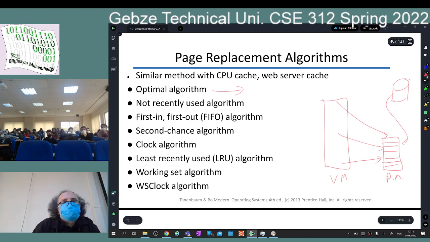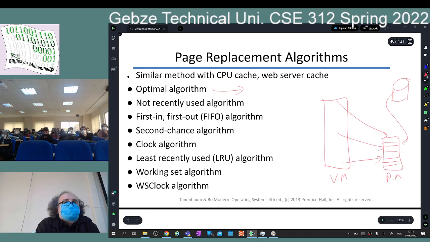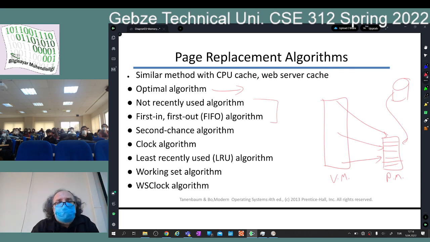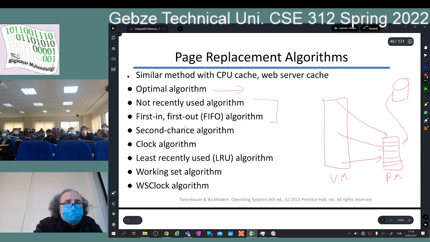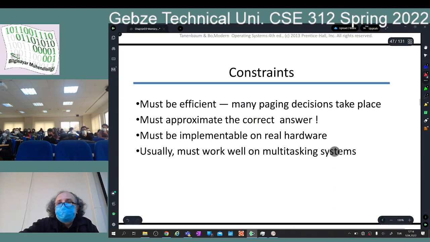It is only good for knowing how close you are to the optimal algorithm, so we are going to use it for reference. Not recently used algorithm, first in, first out algorithm. These are just algorithms for me to tell you how things work. Starting from these, these are some real page replacement algorithms. So let's look at them one by one.